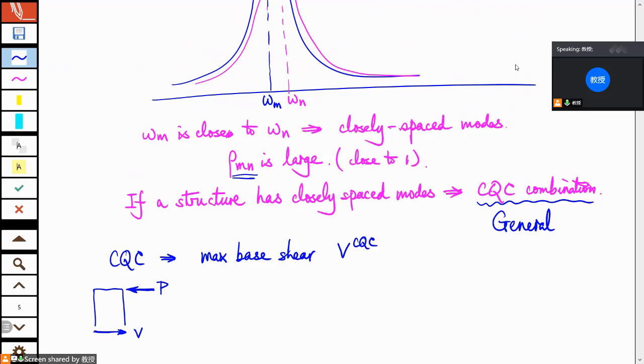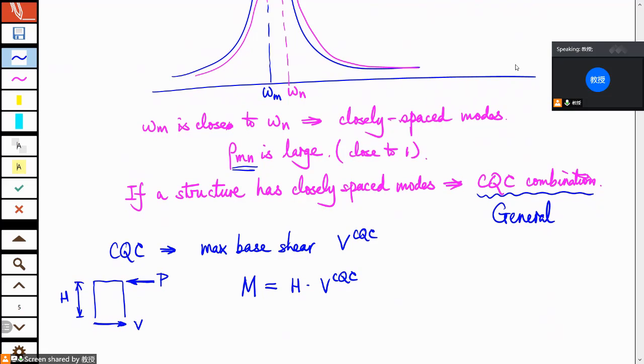So you cannot use V CQC to find M, which does not equal H times V CQC, or P times V CQC.